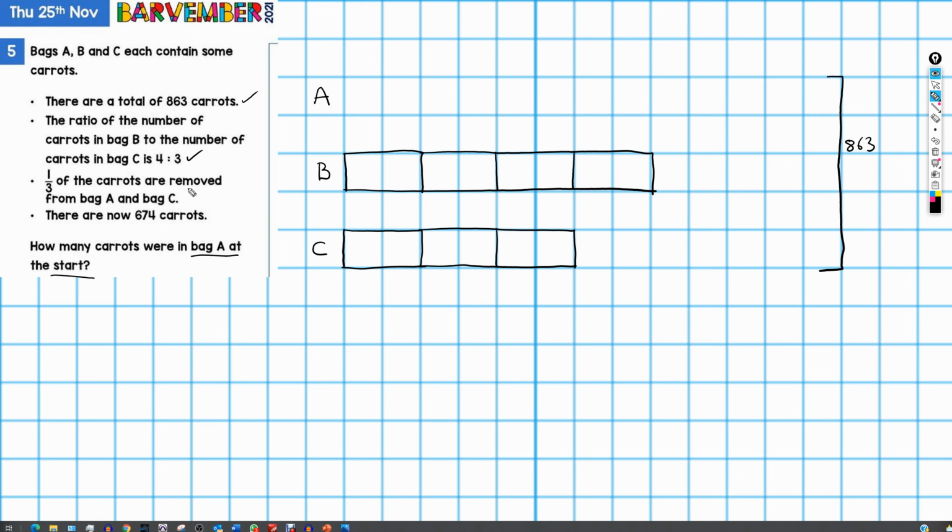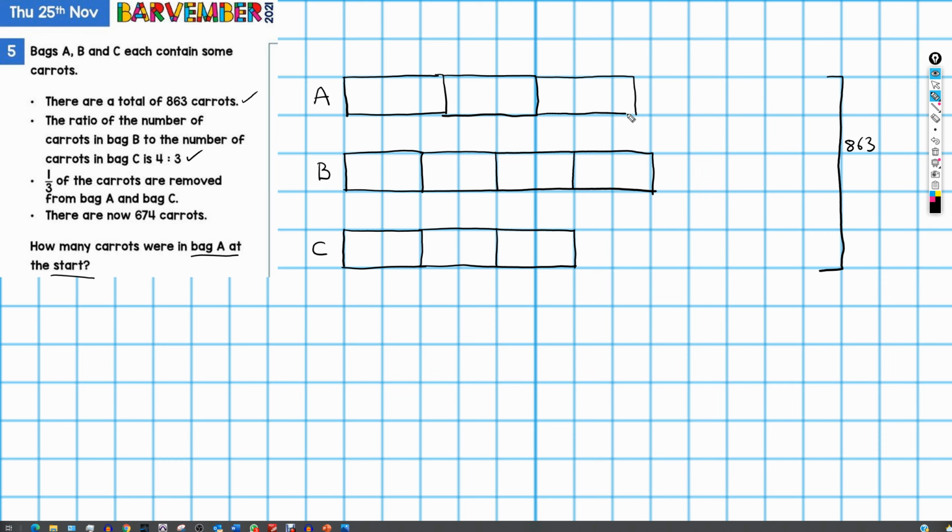A third of the carrots are removed from bag A and bag C. Now, what this is telling me is that whatever I draw for A, I should divide into thirds. So I'm going to draw a bar for A, and I'm going to make it different size parts to here, just to be clear in my mind.